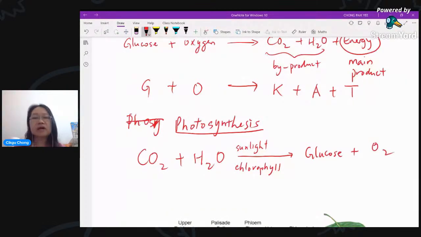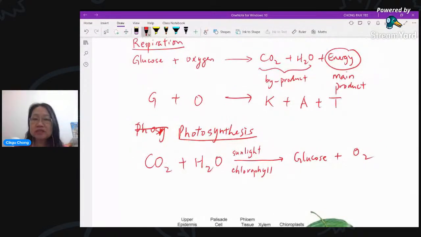So do you notice something peculiar about these two reactions? Something very funny, right? Over here is respiration, and over here photosynthesis is actually the opposite. This is carbon dioxide, and you have oxygen.